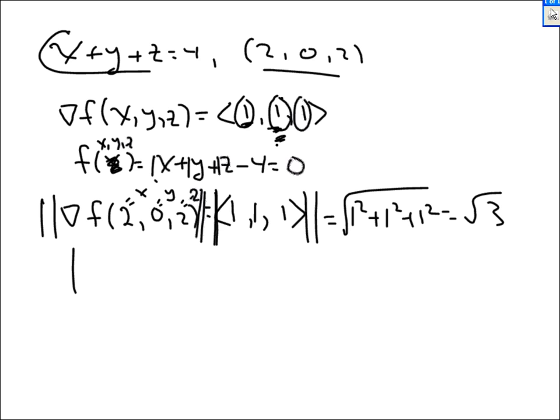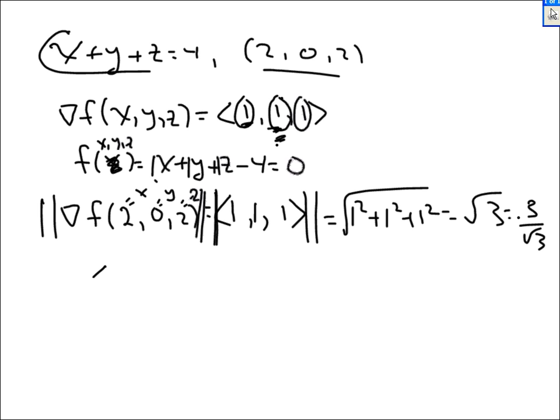Except, like I said, we want to normalize it. Now remember that the square root of 3 is 3 over the square root of 3.